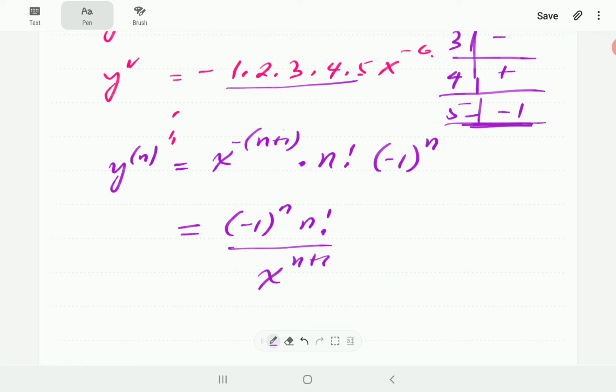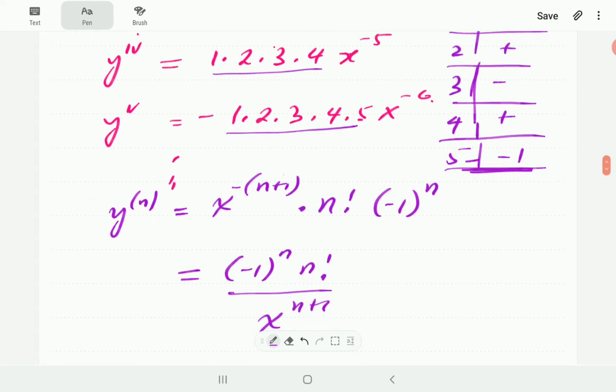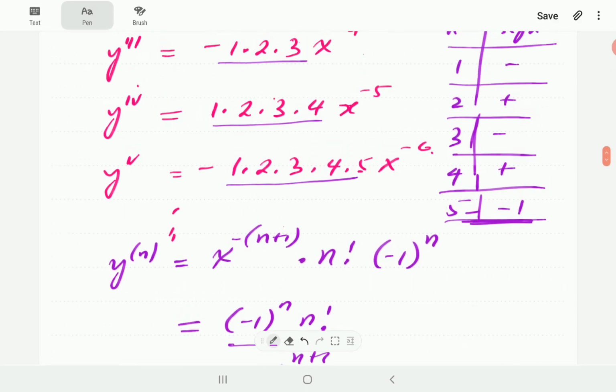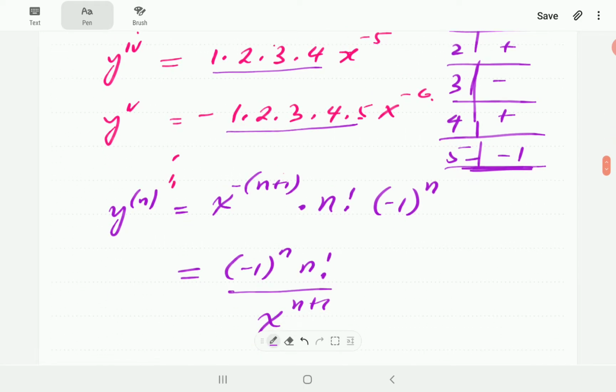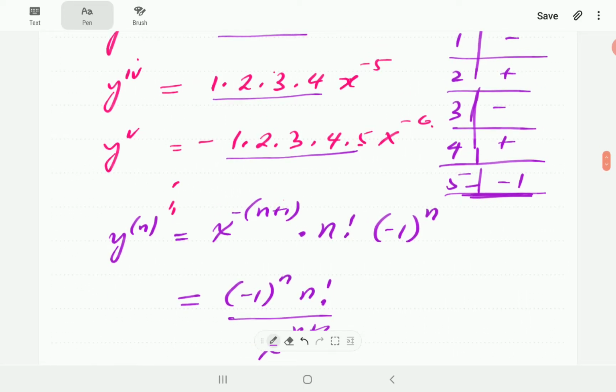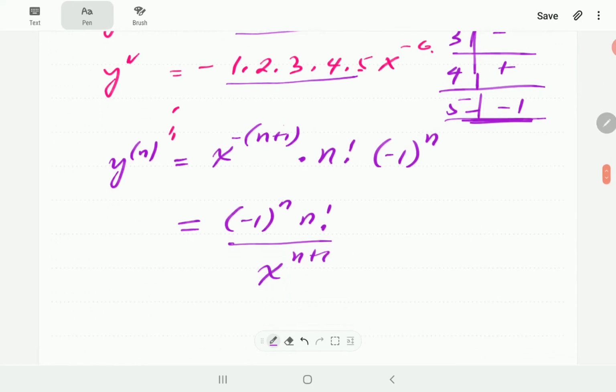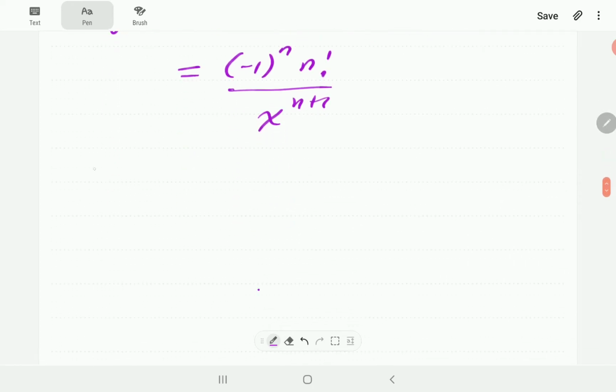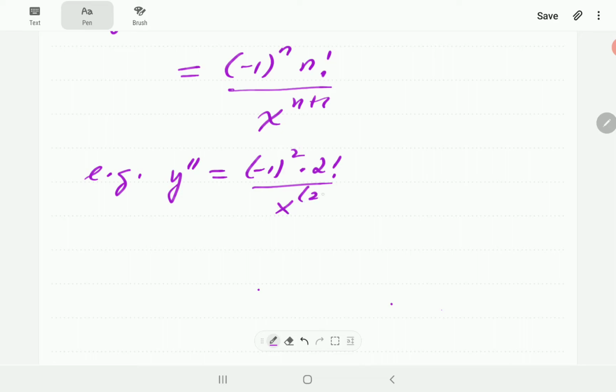And then of course we can try out a few values here, and we should find that they give us each of these. For instance, if n is 2, this is going to be -1 to the power 2 times 2 factorial over x to the power 2 plus 1.